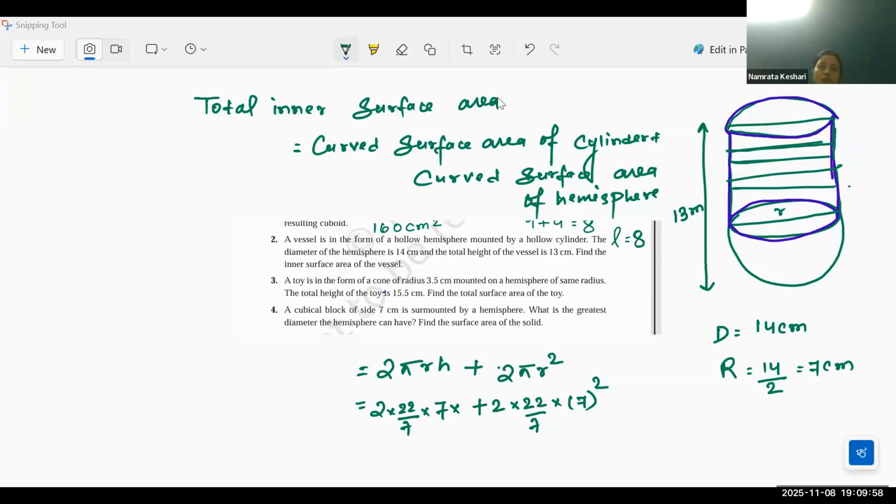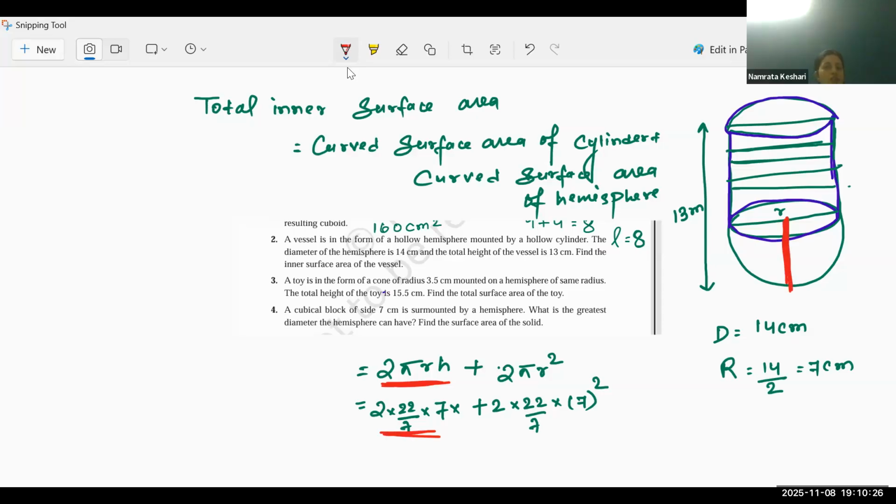It's the height of the complete shape, not the height of the cylinder. This formula is for the cylinder's curved surface area, so we cannot take the complete height. The height will be the total height minus the radius of the hemisphere, right?